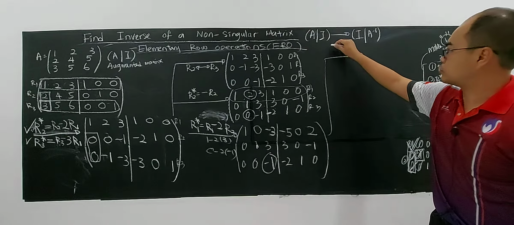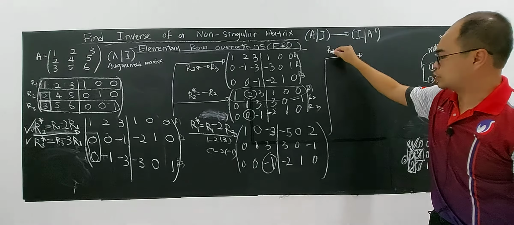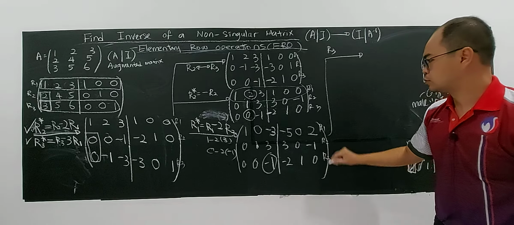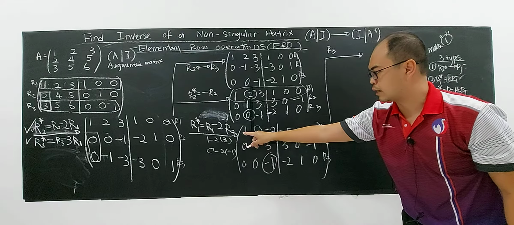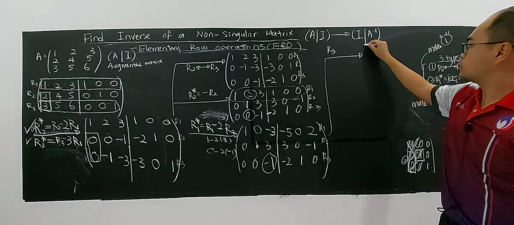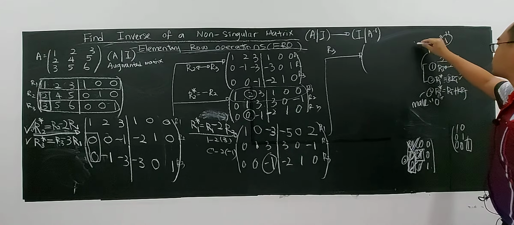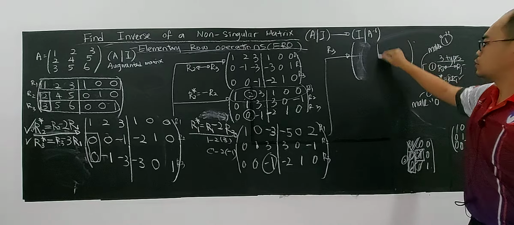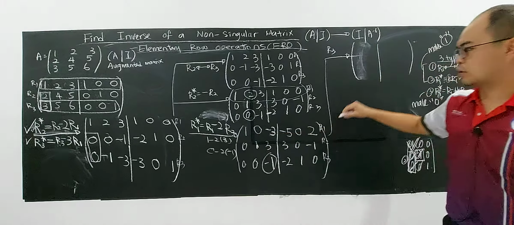So I take the row 3, and now it becomes row 1, row 2, and row 3. Your row 1 now is not modified, so I copy back everything. Row 1 is not involved in anything.